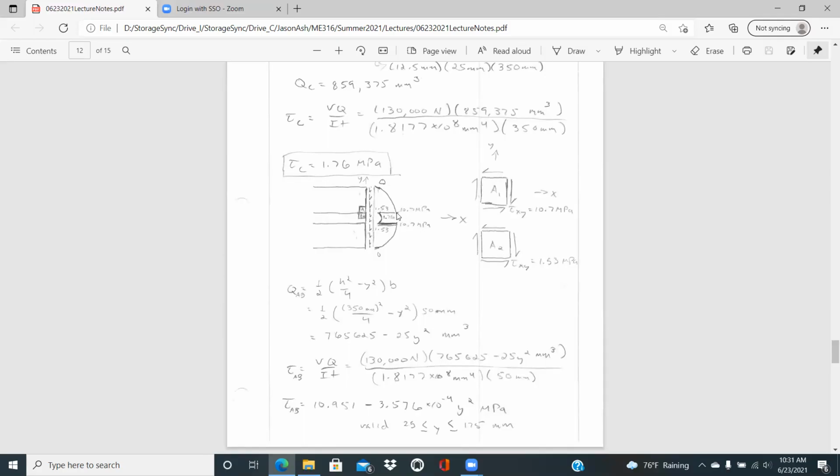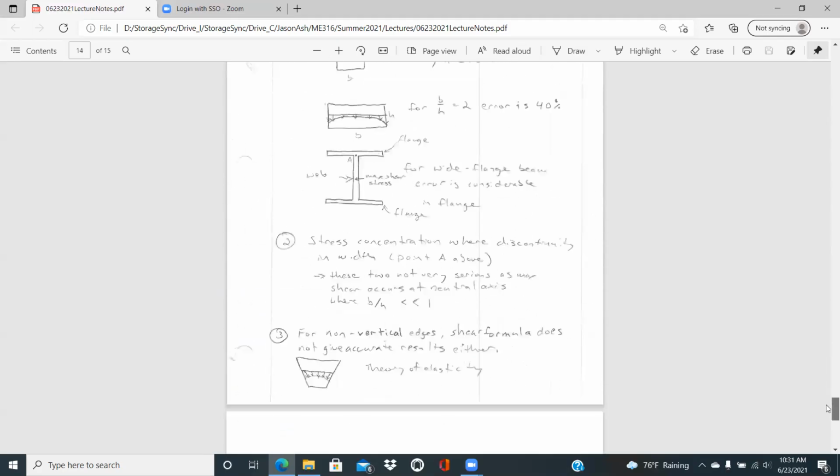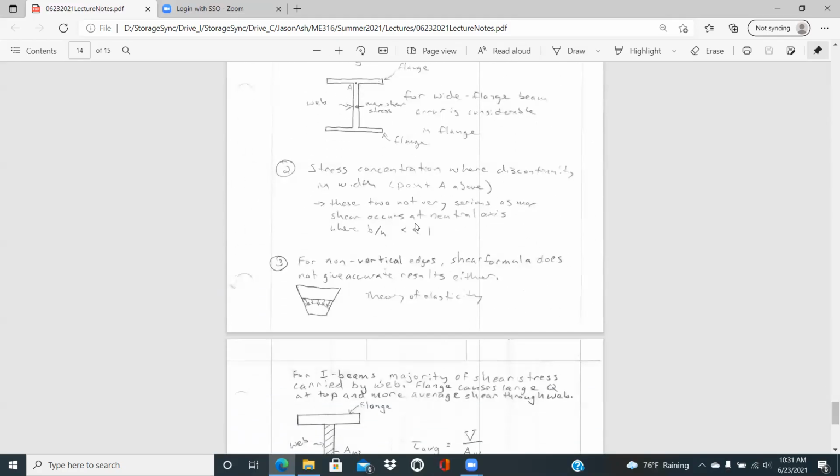So that is kind of bad for that upper portion, because that would increase the 10.7 megapascals where we have a maximum shear stress located. But normally, if it's not in a location of max shear, it would not be a concern. And so just kind of make a note of where that could cause an issue.